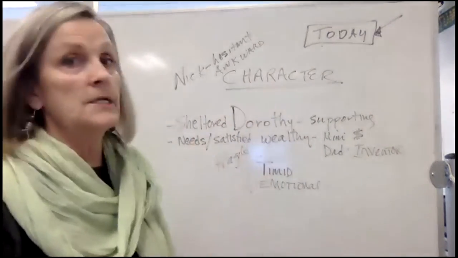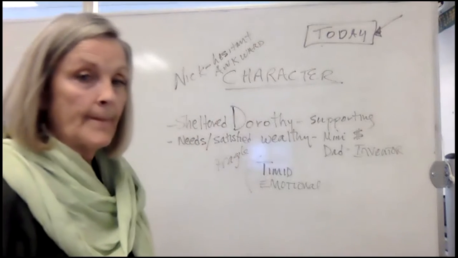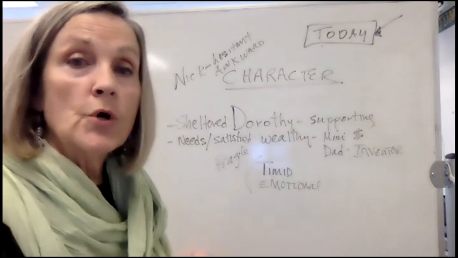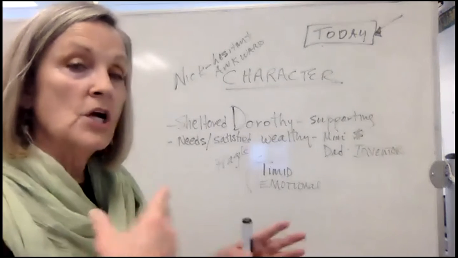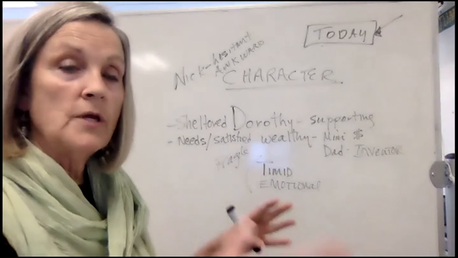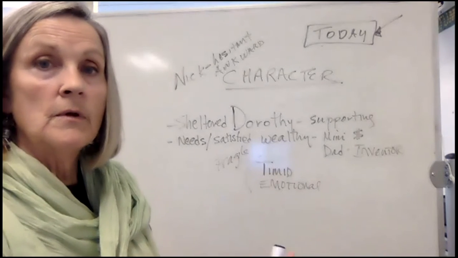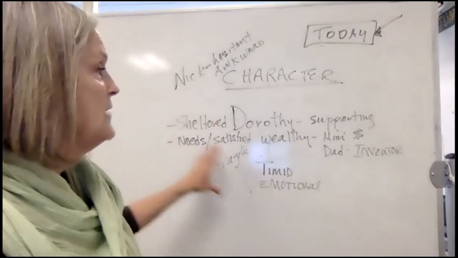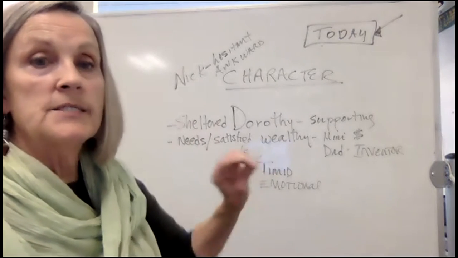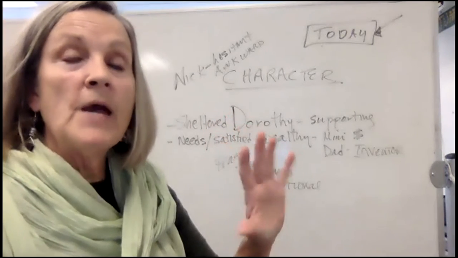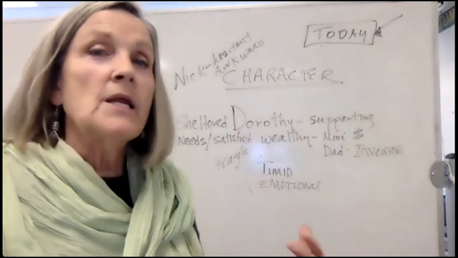But there's one other big indicator here in our script without having to go to any other script. It's Nora's response, right? What does Nora do? And the comments that Nora makes regarding Dorothy when she comes in, that gives you a fuller picture of Dorothy. So I think Dorothy is a little bit timid, and that might be because she has had this memory, and everyone knows that when you're remembering something, it may not be exactly accurate.